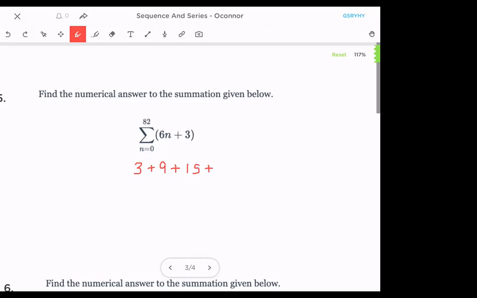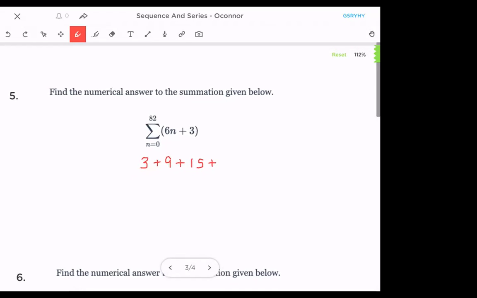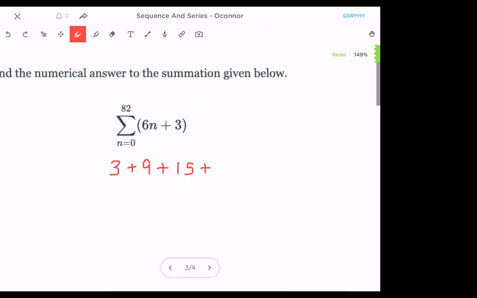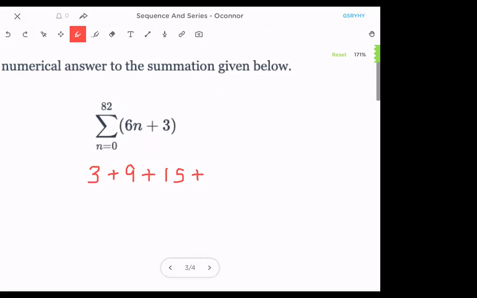But I'm not going to do all that. I'm just doing a couple to see if it's arithmetic or geometric. And looking at this right now, I can already see that it is arithmetic because I am adding 6 and adding 6 and so on. So my d value is 6.